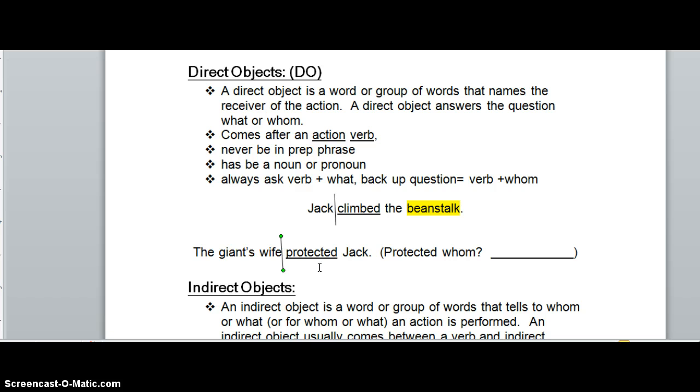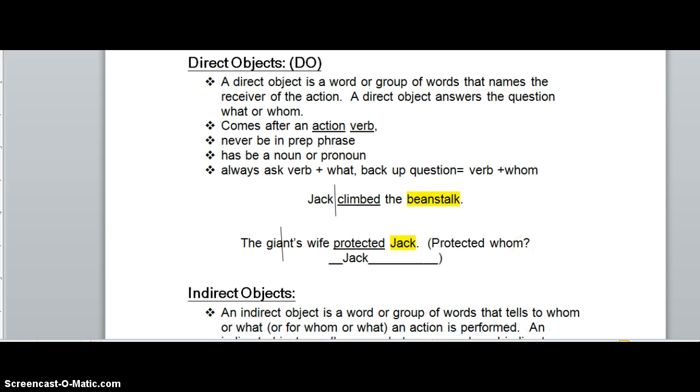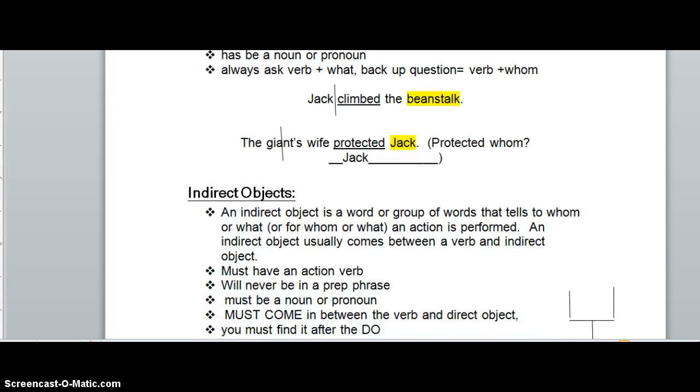The giant's wife protected whom? I do have an answer: Jack. So Jack is my direct object, and it is a proper noun, so it does meet the criteria. Notice that in both of these, they are coming after the action verb. Direct objects are always going to be after your action verb.